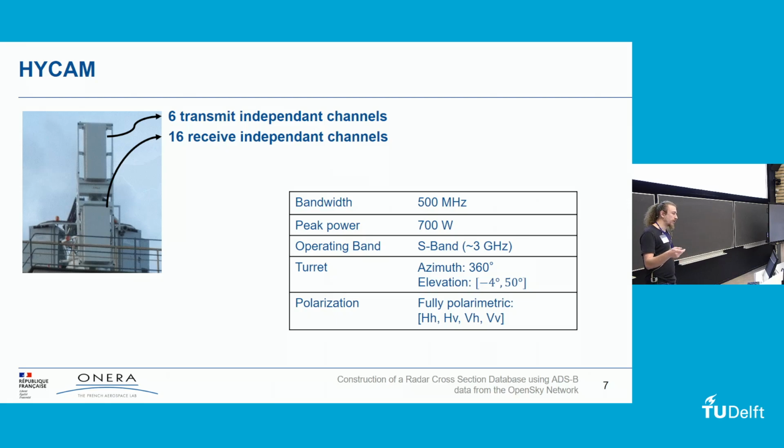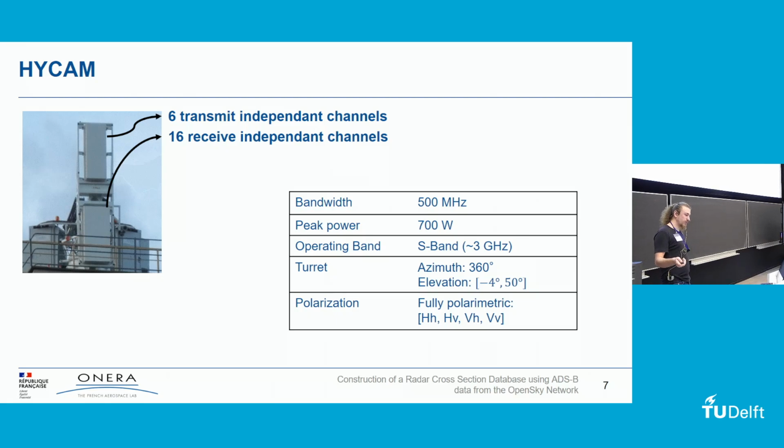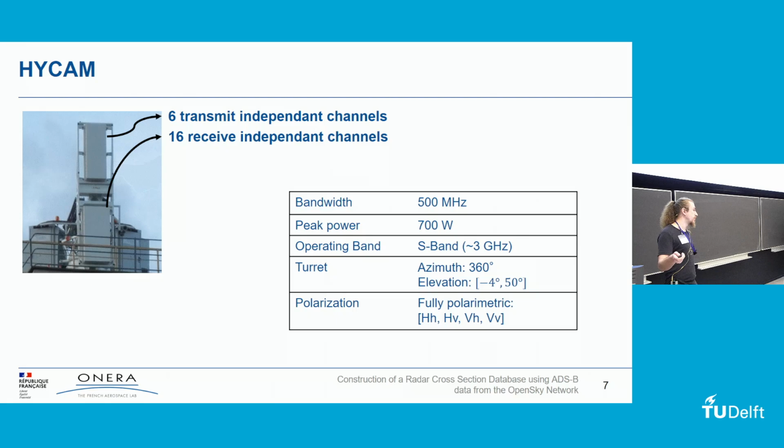It's for what we call MIMO radar, not very important for this presentation. It has a bandwidth of 500 megahertz, which is quite a lot. Usually civilian ATC radar have 2 megahertz bandwidth. It has a peak power of 700 watts. This is not a lot, but it's a signature measurement radar. We don't need that much power.